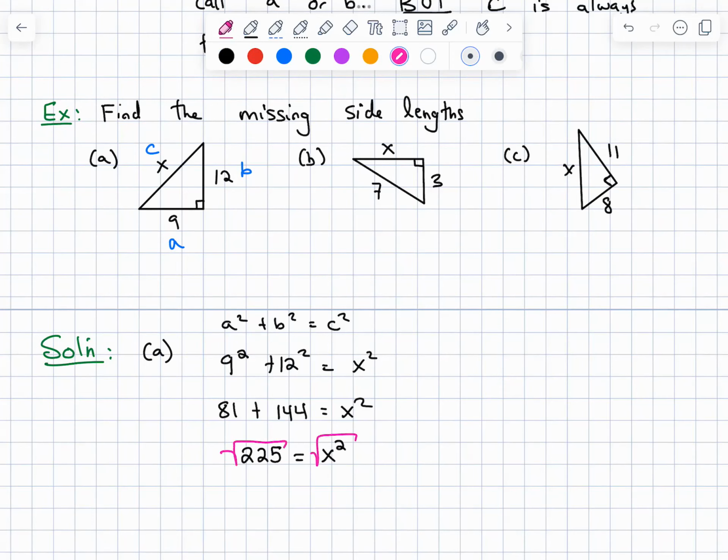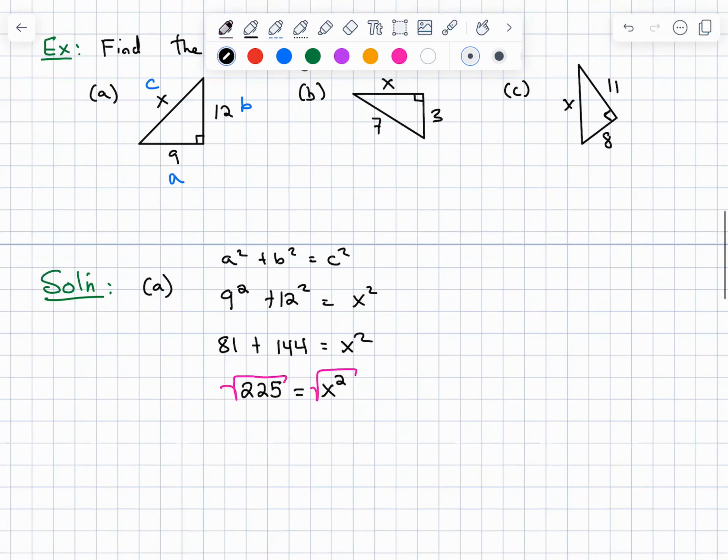And yes, technically speaking, there should be a plus or a minus, but because we're dealing with a triangle, which has intrinsically positive measurements, we don't need to worry about the minus sign because we can't have a negative side length. But if you plug that into your calculator, or if you know your perfect squares up to your 20s, that's a perfect square. That's 15 squared. So you get that X is equal to 15. Or 15 is equal to X. It doesn't matter to me.